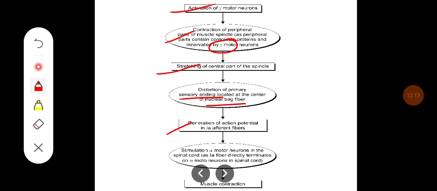This leads to stimulation of the alpha motor neurons in the spinal cord, as the 1A fiber directly terminates on the alpha motor neurons, ultimately leading to muscle contraction.